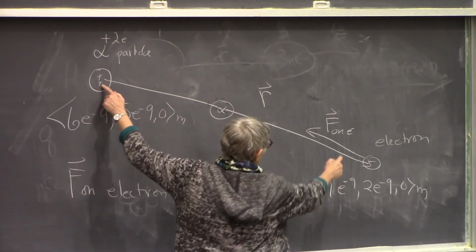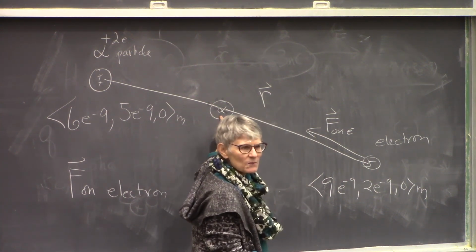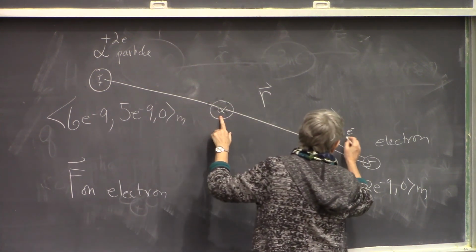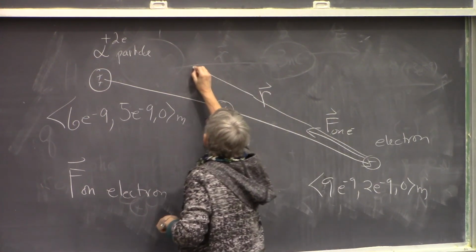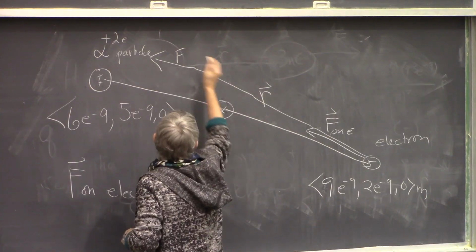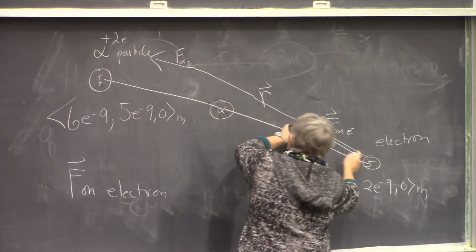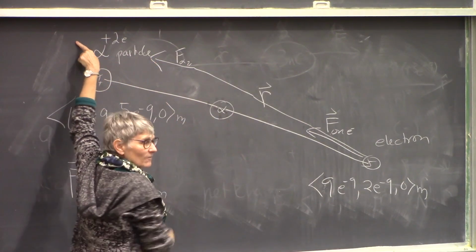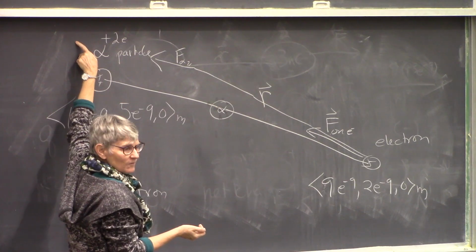So it would be this force plus a force you just told me was 4 times bigger. That's alpha 2. And we'd have to add these to get the net force. So it would be 5 times as big, wouldn't it?